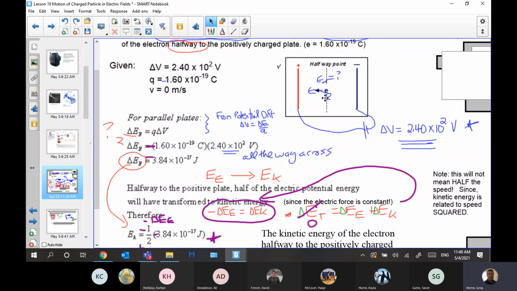Now you're going to go from 10 meters per second up to an even faster velocity, right? But it's not going to be 20. It's not going to be double because you have more time to accelerate in the first half than you do in the second half. So if this was 0, 10 meters per second, this might be like 14 or 15 or 16 meters per second. That's a weird counterintuitive thing that's always true for uniform acceleration that you may or may not recall from grade 11.